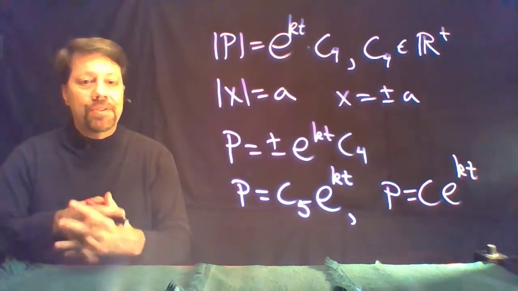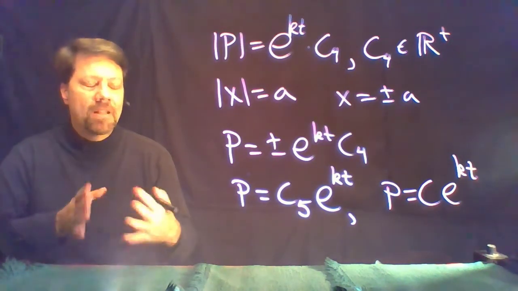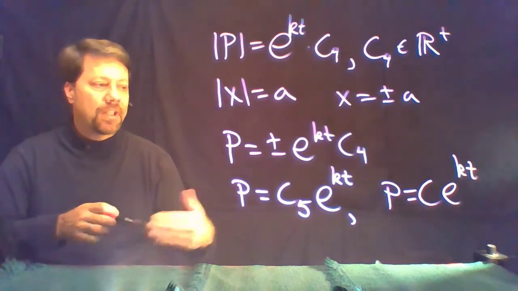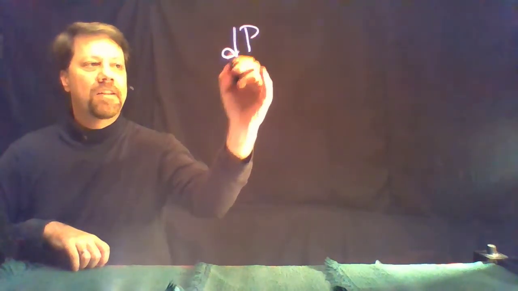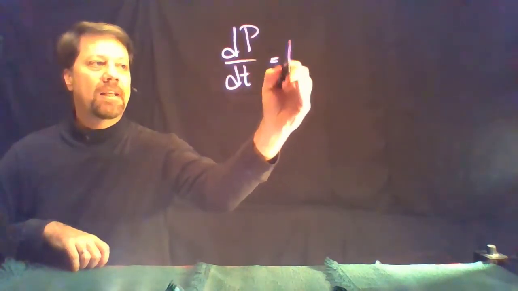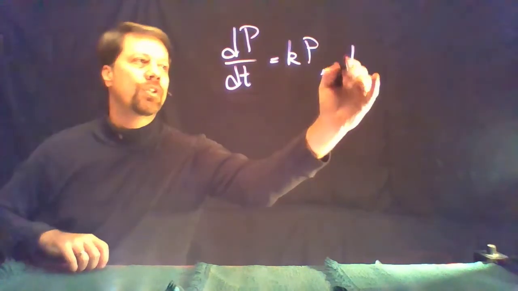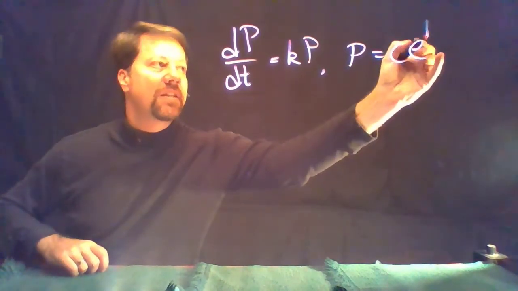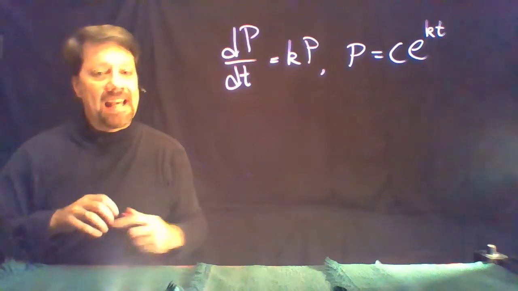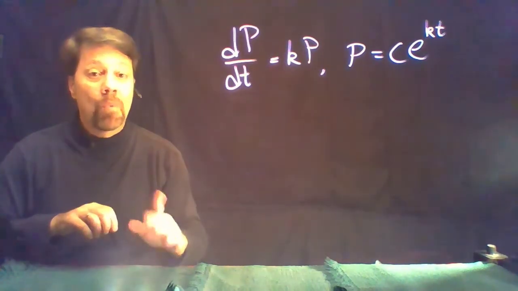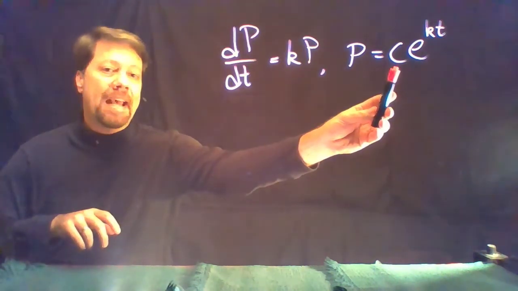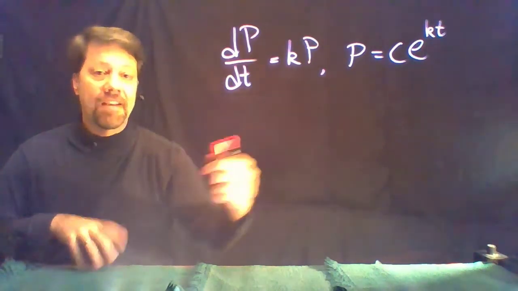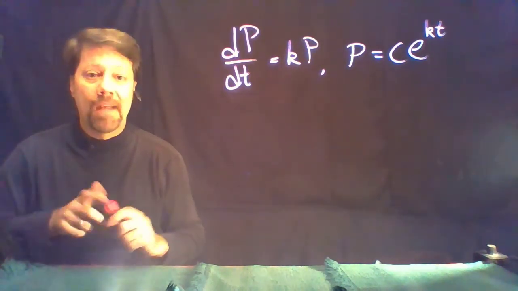Even though they do represent different constants, we're going to allow convention, which just calls them all C. So it turns out that the differential equation dp dt equals kp has solutions p is an arbitrary constant times e to the kt. In other words, we get more than one solution. We get what is called a one-parameter family of solutions, the constant c, the constant of integration, being that parameter.